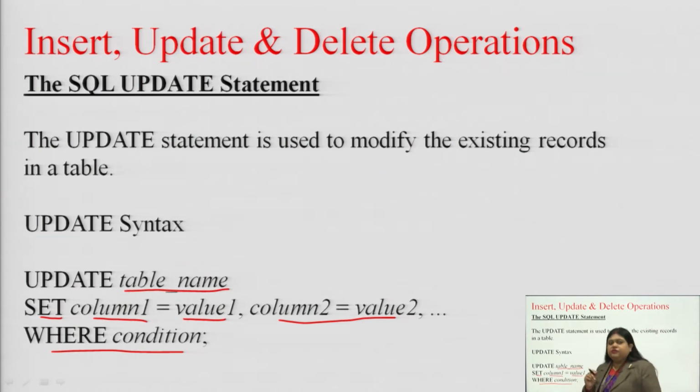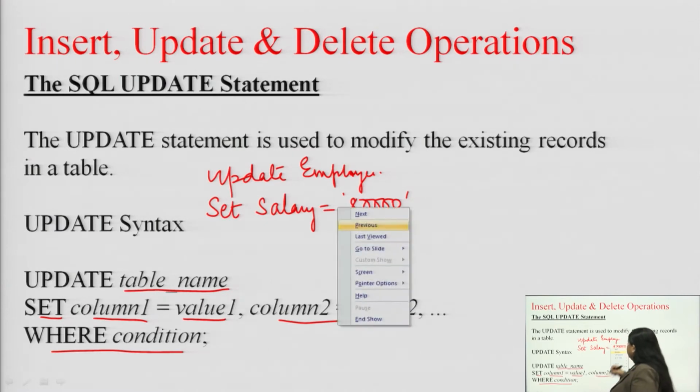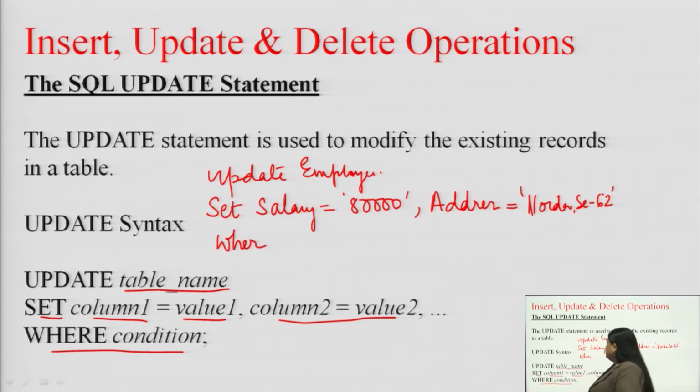So, in that case what will we do? We will write UPDATE the table name, that was employee, UPDATE employee, right, SET salary, right, SET salary to 80,000 and the address, the employee address, right, the address to be let us say Noida sector 62, right, WHERE the condition where employee ID is equal to what?